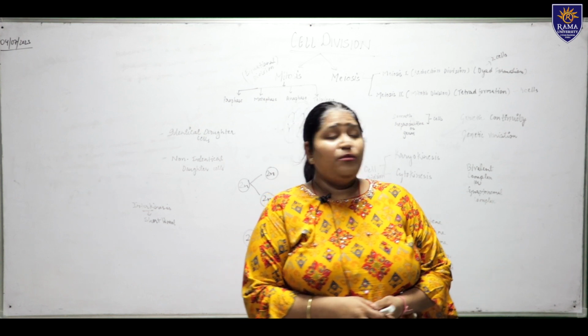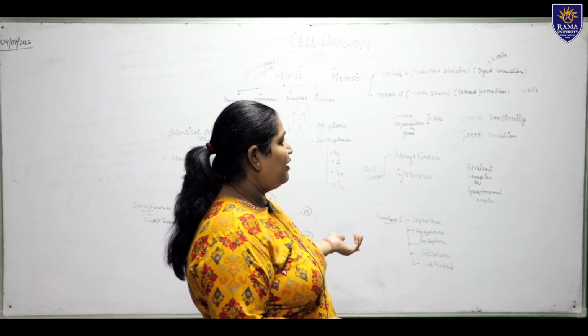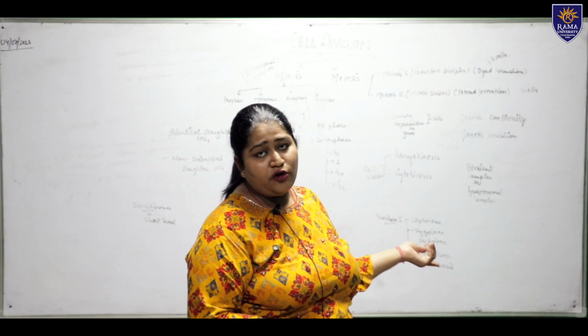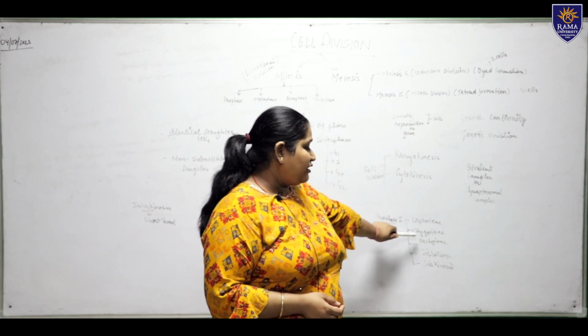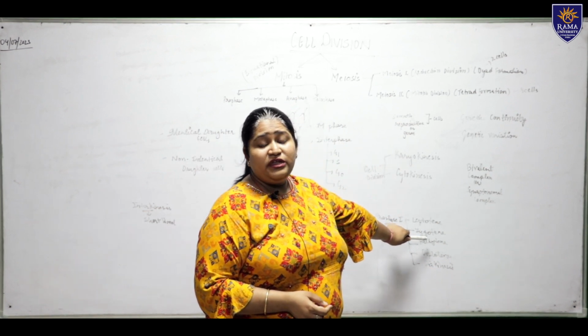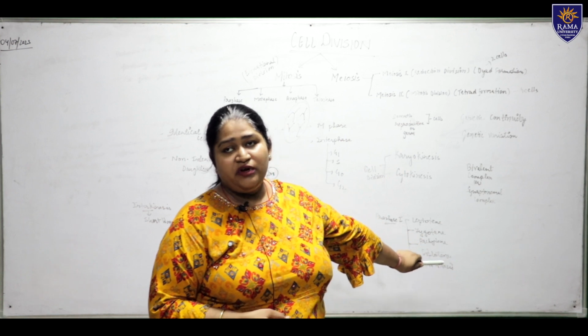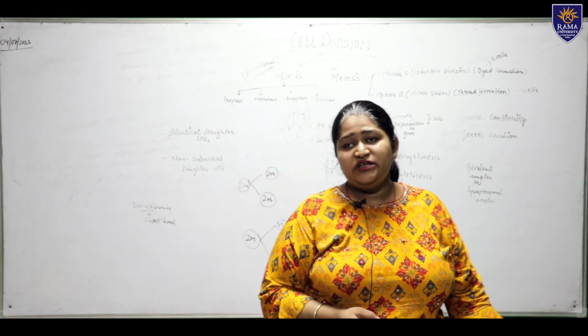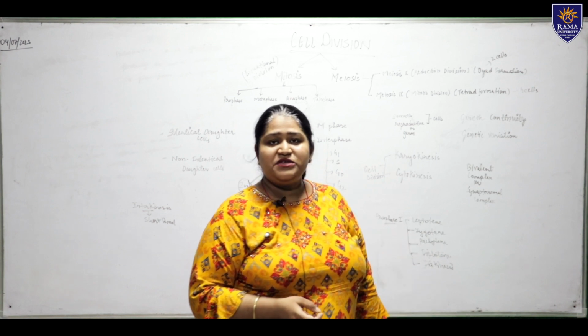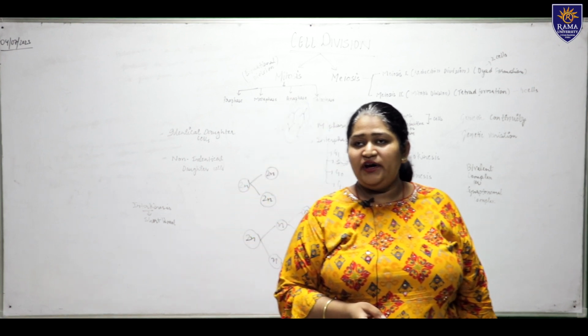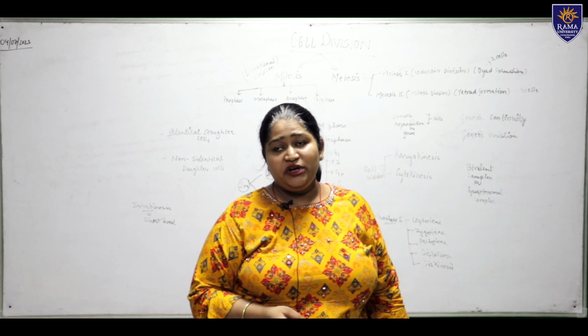So, the formation of the bivalent complex or synaptonemal complex is seen in the zygotene stage due to the enzyme recombinase, which is produced in the pachytene stage, which helps in formation of the bivalent complex or synaptonemal complex.